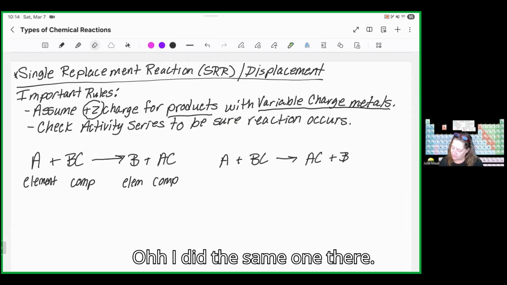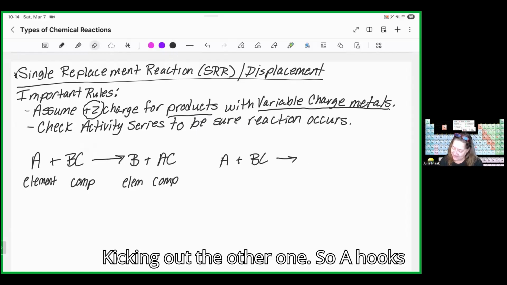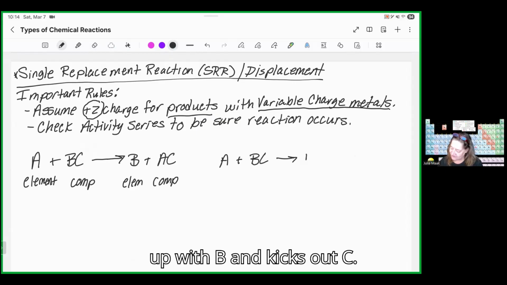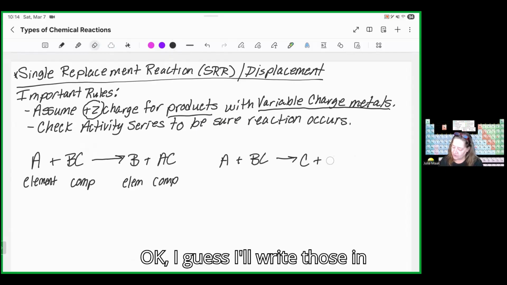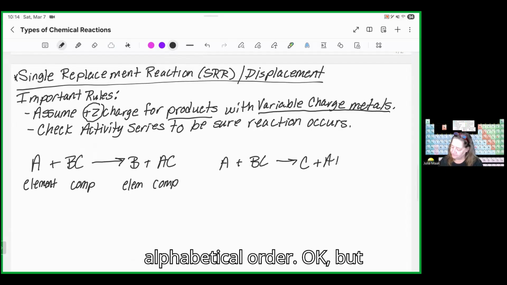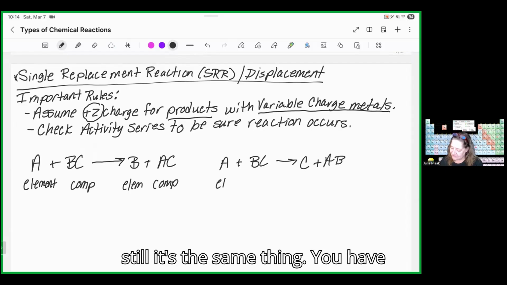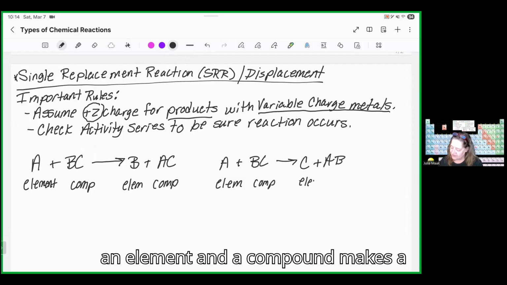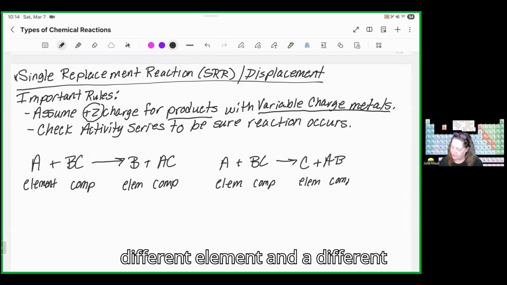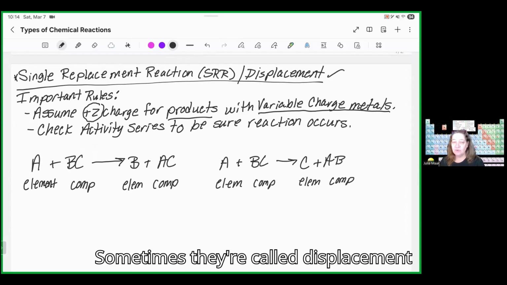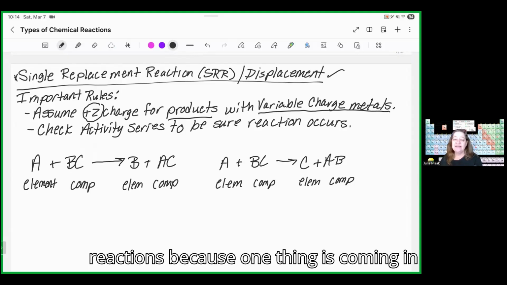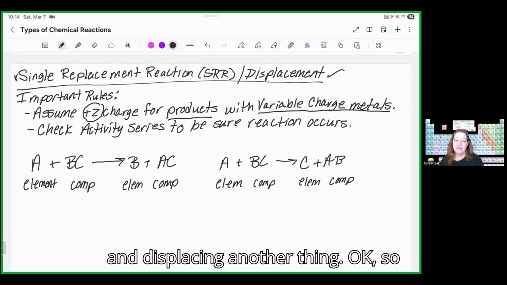So A hooks up with B and kicks out C. I guess I'll write those in alphabetical order, but it's still the same thing. You have an element and a compound, makes a different element and a different compound. Single replacement reactions are sometimes called displacement reactions because one thing is coming in and displacing another thing.